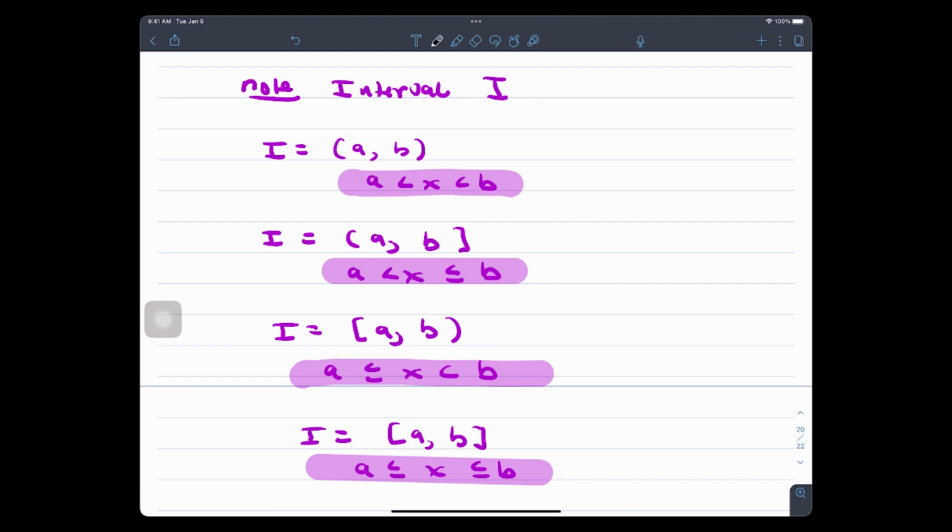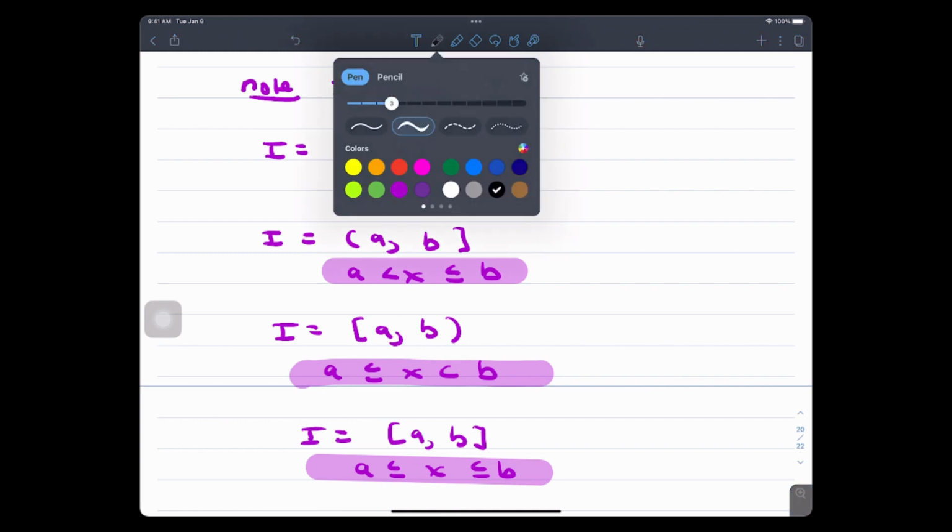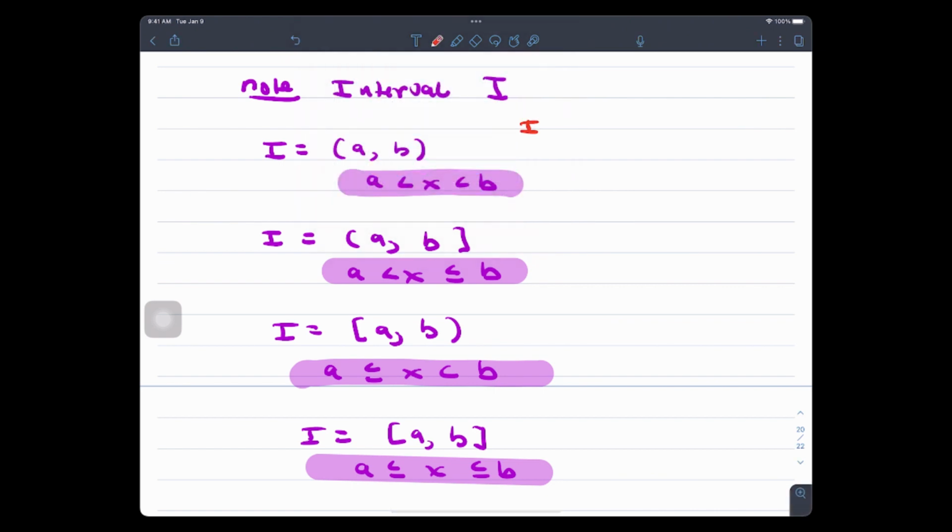So this is where we're headed. We're going to care about these. I is known as your interval of convergence. So it's an interval of convergence for a power series.